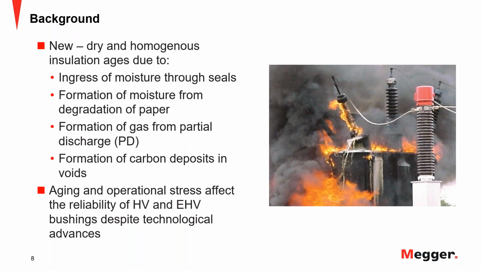One of the things that you have to remember is a new insulation system is dry, and this condition is sometimes difficult to keep. For bushings, I think that moisture has not been one of the biggest problems reported in the failure modes, but we need to understand how important the influence of moisture is in any kind of failure mode.